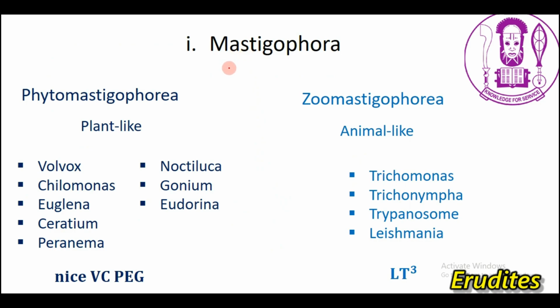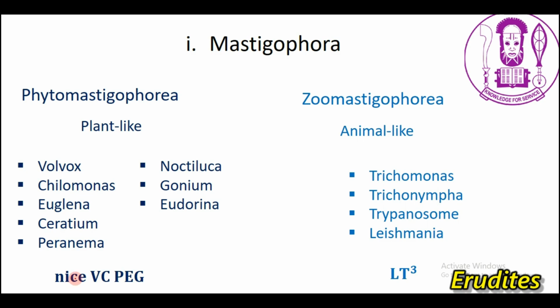Like I said, the subphylum Mastigophora is further divided into two classes, and the first is Phytomastigophora. They are plant-like. Examples are Volvox, Chilomonas, Euglena, Serratium, Peranema, Noctiluca, Gonium, and Eudorina. We can use the acronym NICE VCPEG to remember some of the examples here.